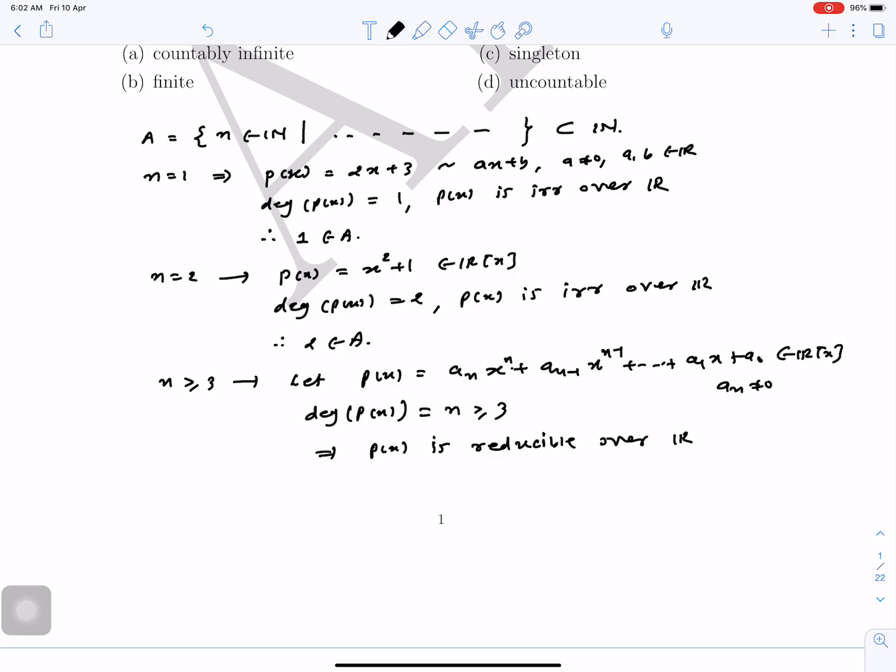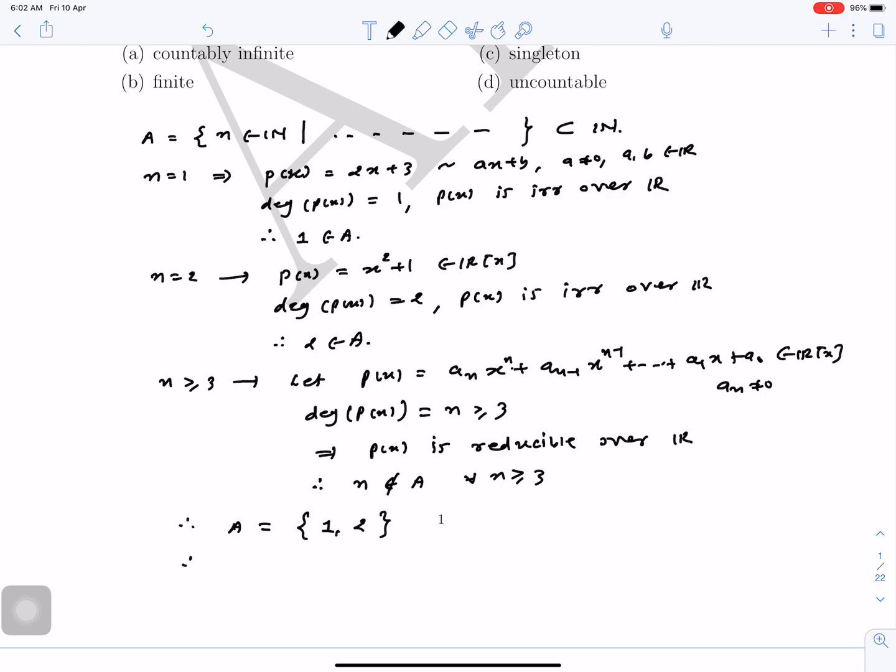We know this result. So there does not exist any polynomial of degree greater than or equal to 3 which is irreducible over R. So by definition, n will not be in A for all n greater than or equal to 3. Therefore A contains 1 and 2, only these two elements.